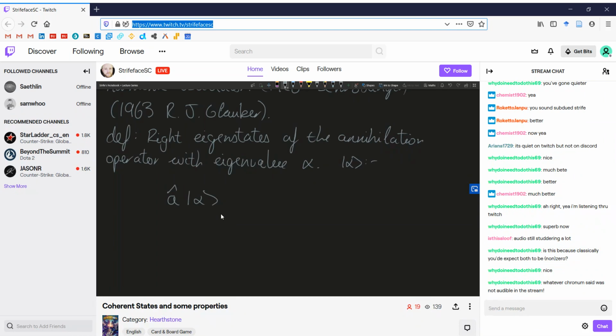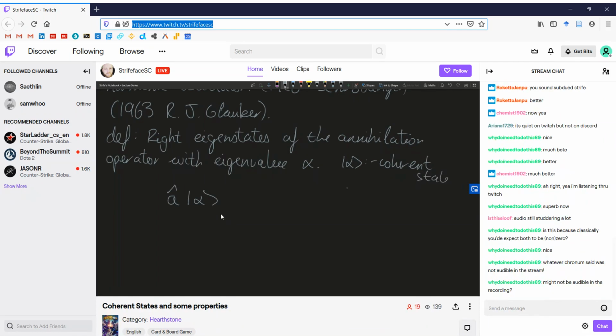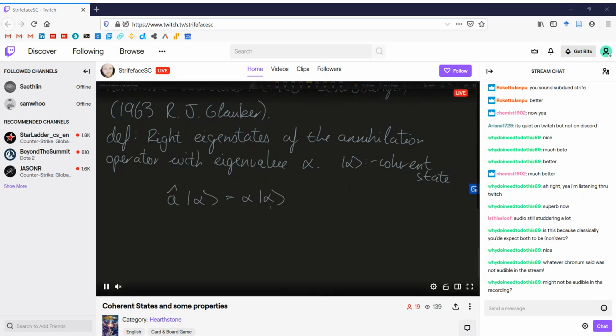Okay, so what Cronin said was that I'm making a distinction to be careful by saying that these are right eigenstates of the annihilation operator. That means that these act on a ket, not a bra.